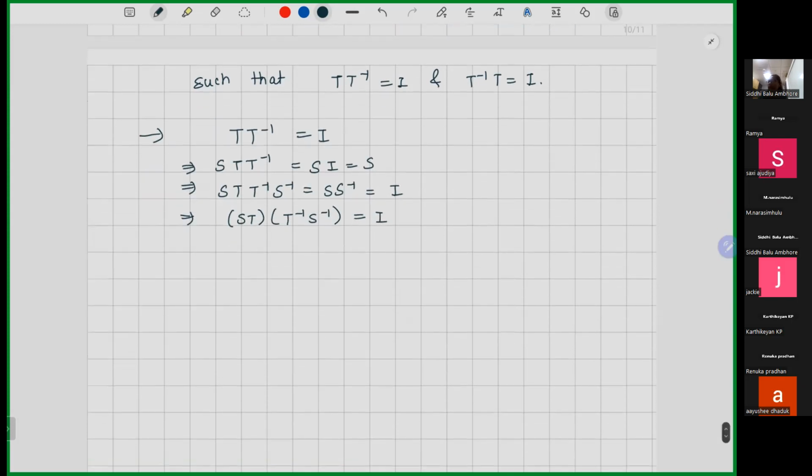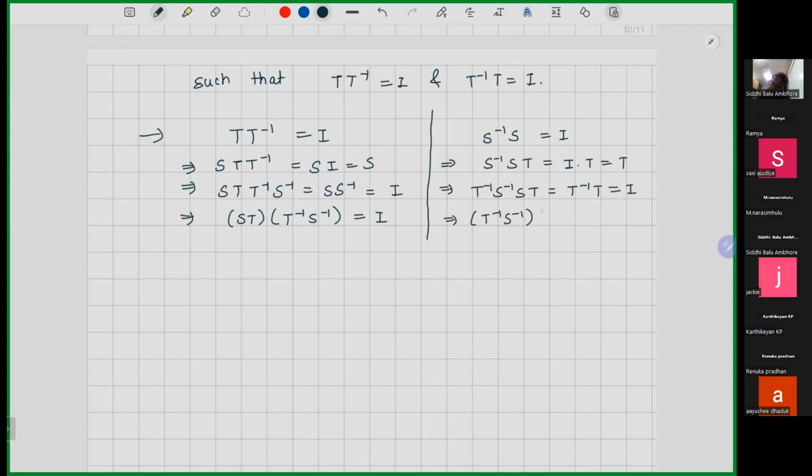Similarly, I can do this with S: S inverse S is the identity. And from this, I can take S inverse ST to be the identity composed with T, which is T. When I say into, I mean we are composing I and T. Again, now T inverse S inverse ST: here I will get T inverse T, which is now the identity. And what I get is T inverse ST is the identity. So I'm just composing T inverse with suitable linear transformations and checking whether they give me identity transformations or not.